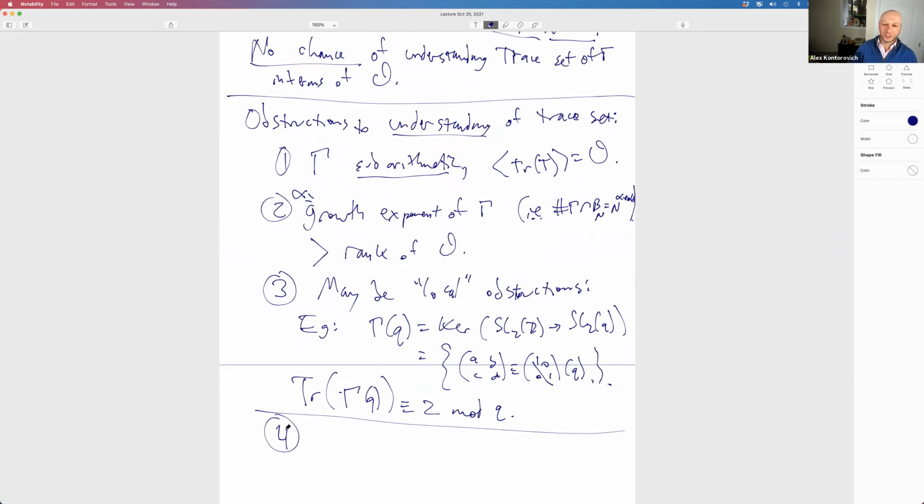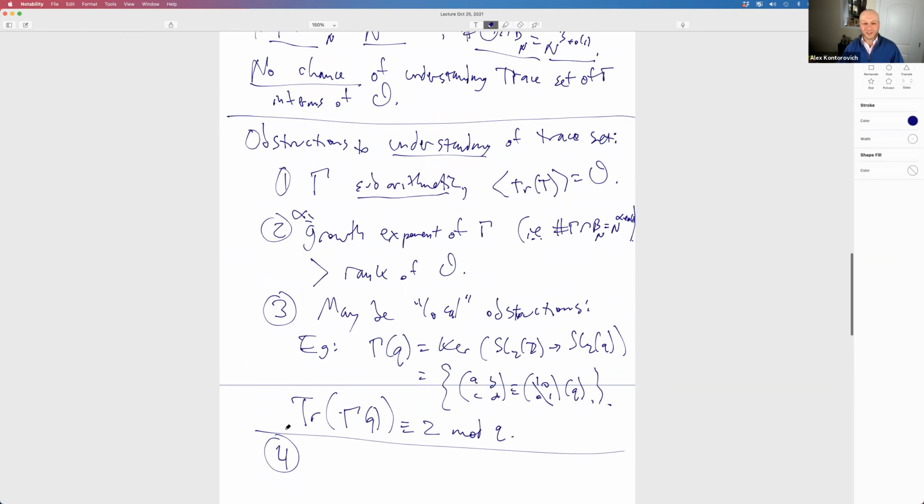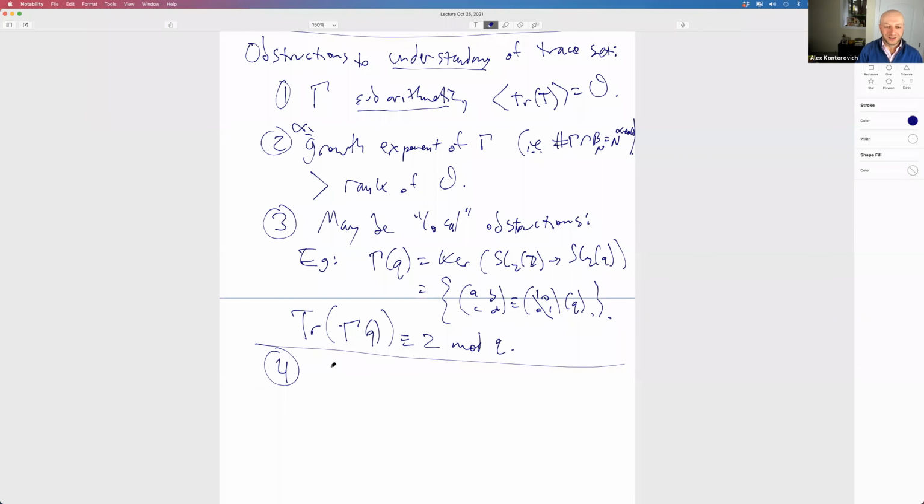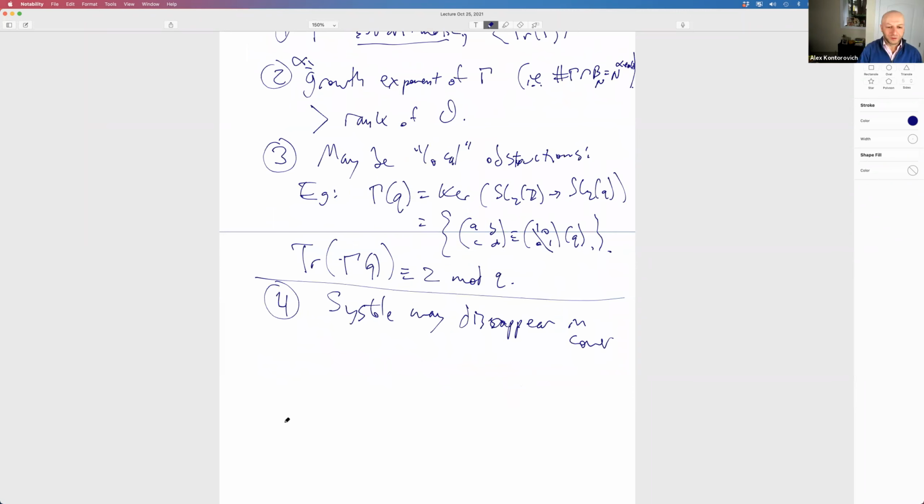And a fourth obstruction is that you can always kill the systole. So the systole may disappear in a cover. In other words, whatever my manifold, if my manifold looks like something, and I have some very short closed geodesic, the systole is the length of the shortest closed geodesic.